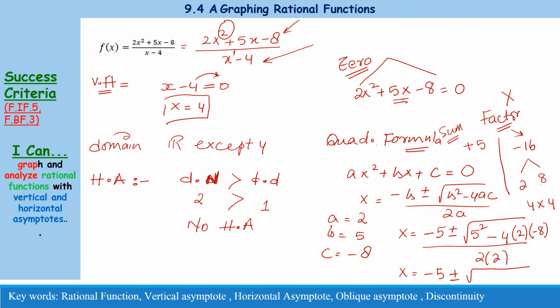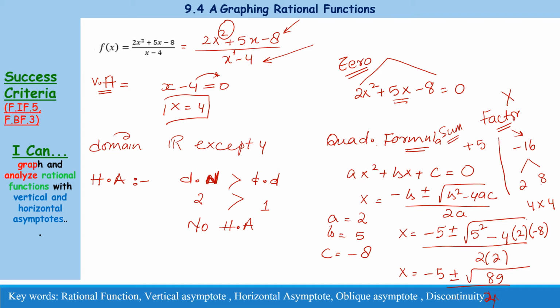Now solve the inner part of the square root, you will get 89 divided by 2. So you have two zeros, one at negative 5 plus square root 89 over 4, that would give you approximately 1.1, and the second is negative 5 minus square root 89 over 4. Sorry, 2 times 2 is 4, so I should write 4 here. That means approximately negative 3.6.